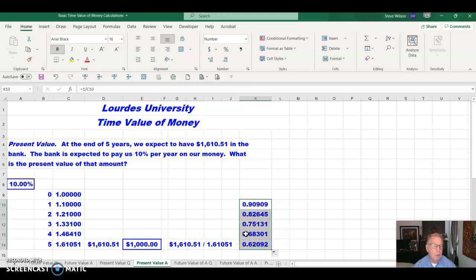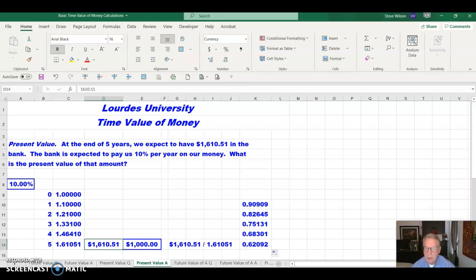And if you use what's in the book, instead of dividing for present value, you would multiply these book factors times, in this case, $1,610.51, and you'll get the same answer. My way is a shade more accurate because there's no rounding. Even though it looks like I've rounded this to 5 decimal points, I have not. So it will be more accurate than putting just the book factors in and multiplying.